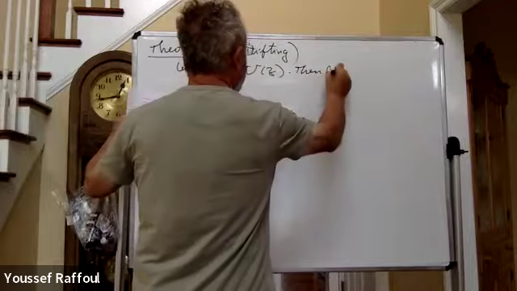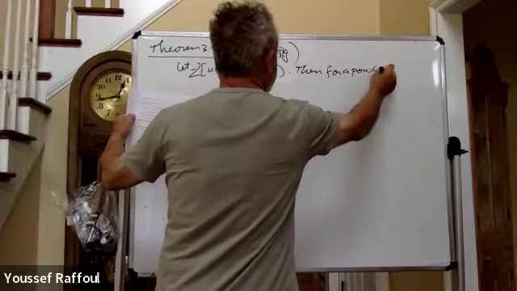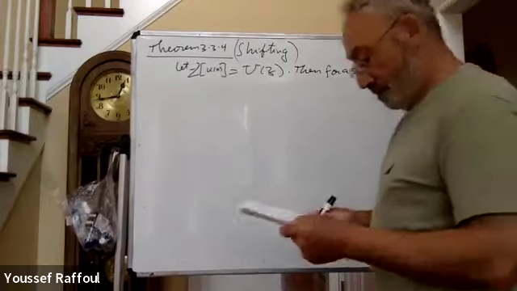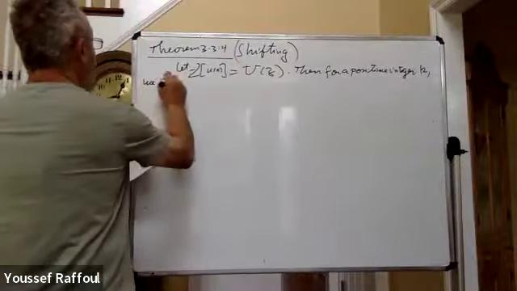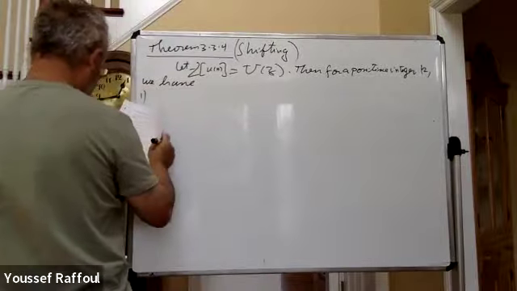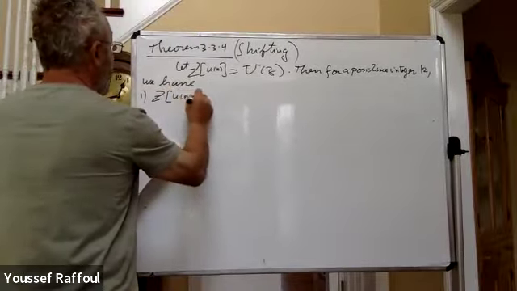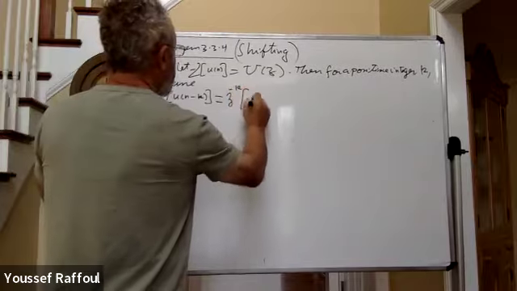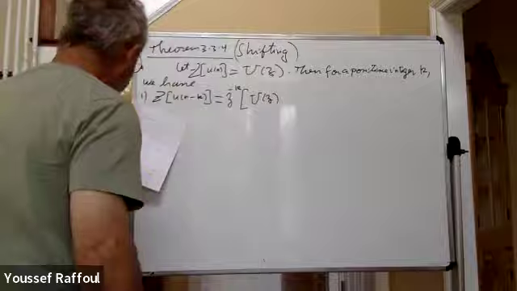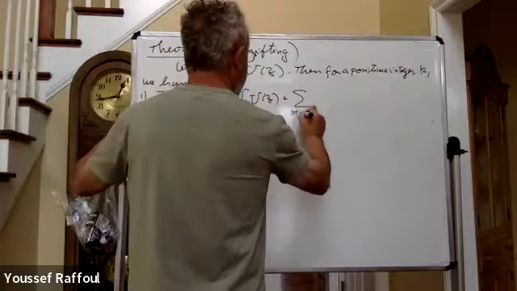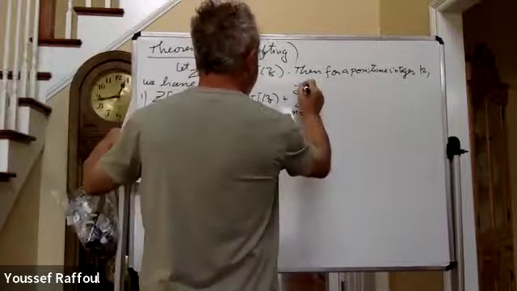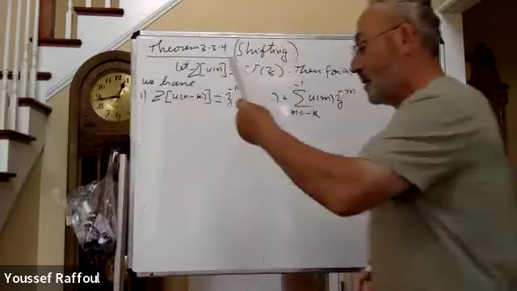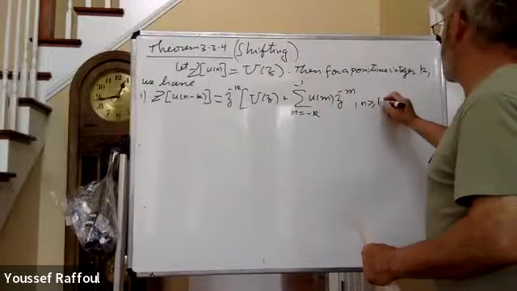Then for a positive integer k, we have one, Z of u_(n-k) is z^(-k) U(z) plus the sum m equals minus k to minus 1 of u_m z^(-m), and this is for n bigger or equal to k.